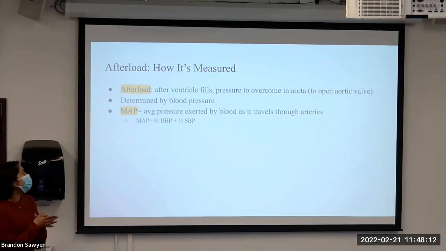So it's determined by blood pressure, and the equation we can use is the mean arterial pressure, which is just the average pressure exerted as blood is being pumped in and out. The equation for that is 2/3 times the diastolic blood pressure plus 1/3 systolic blood pressure.